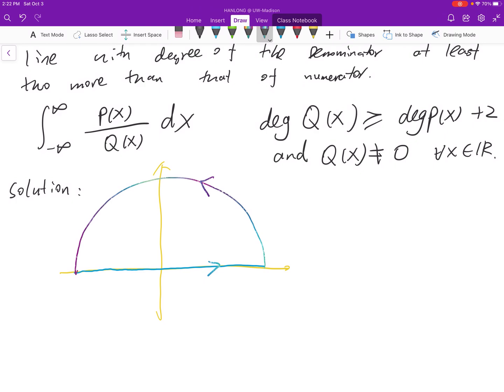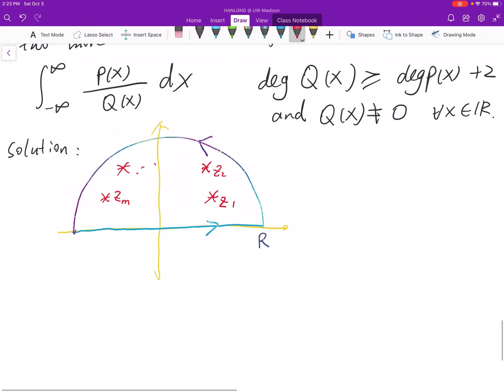And if you make the radius greater and greater, then eventually on one side you get the original real integral. The other side you have the upper semicircle and the residue part. The residue part comes from the poles of the rational function, so probably you have certain poles inside: z1, z2, ..., zn. Okay.